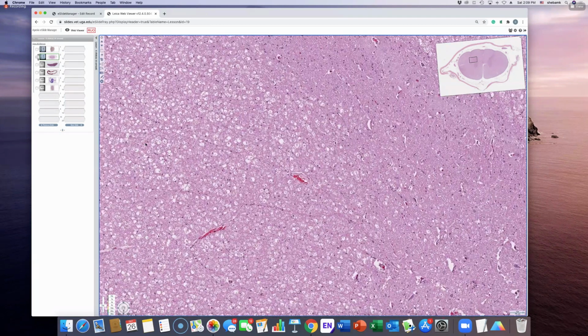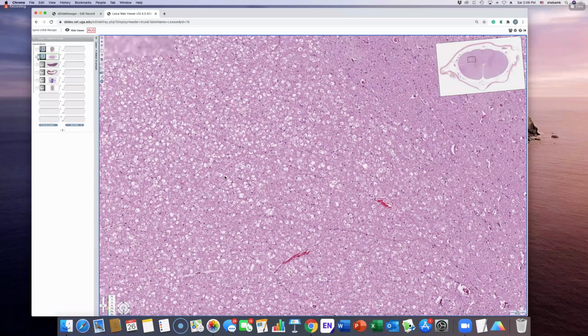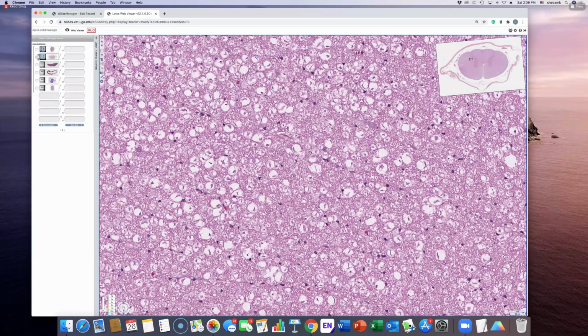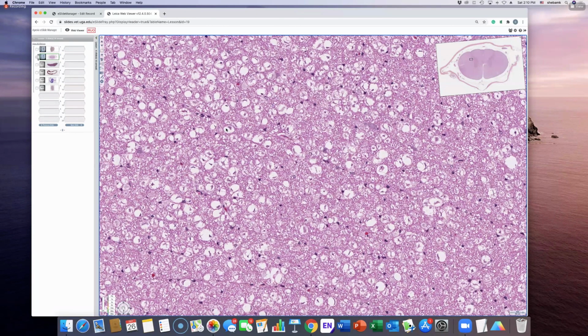Then we have, what are these structures here? Give me 1 second. What is this? Axons. Yeah, these are all remnants of axons. Okay, and this space in life would be occupied by, why is it white now?